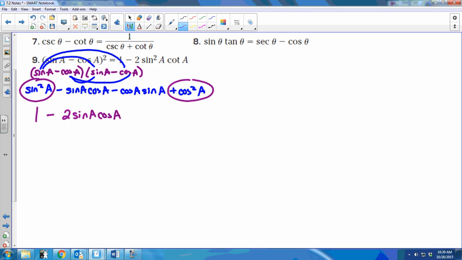So we look at the other side. And it says 1 minus 2 sine squared A cotangent A. So what probably needs to happen on this side? Probably need to change the cotangent part. What can I change cotangent into? Cosine over sine.